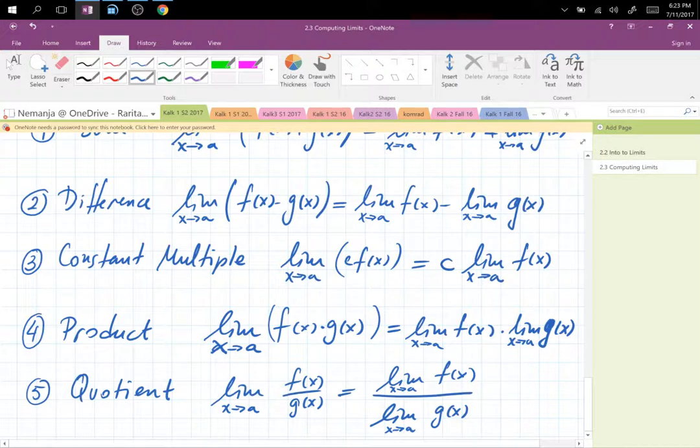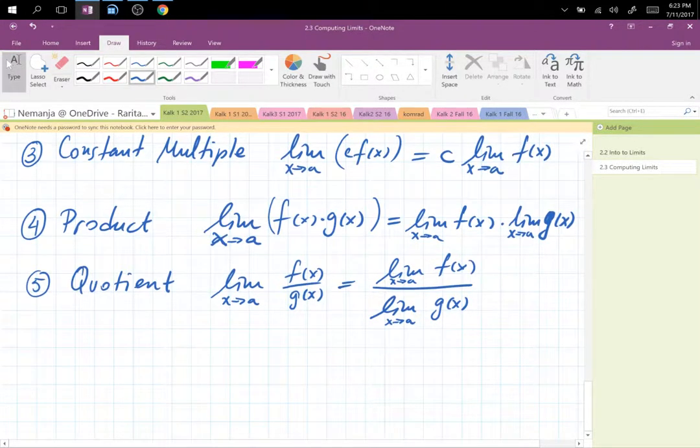The product and quotient rules for limits work only for limits. They do not work for derivatives, and they do not work for integrals. Limits, derivatives and integrals will each have special formulas to deal with these situations. So these rules are only good for limits.